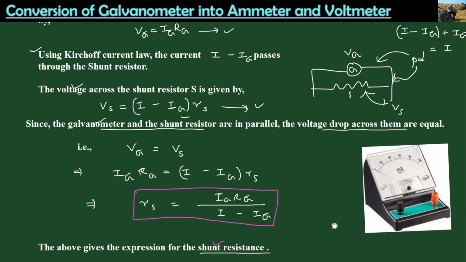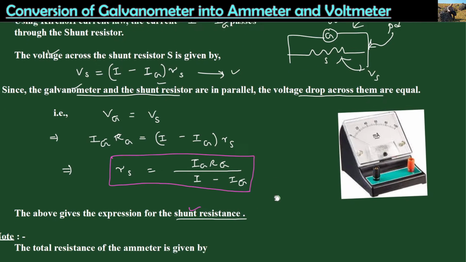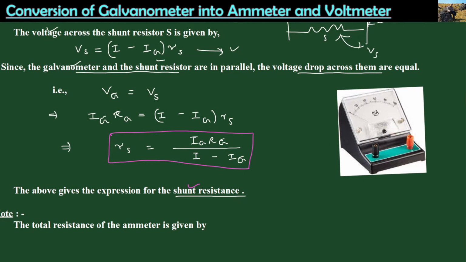When you are asked to find the total, this will be the ammeter. Before we move on into that discussion, this is an ammeter. Ammeters are of different types available in the lab. What I have shown over here is a mini ammeter.